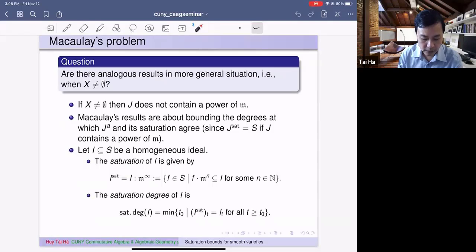And it's known that I^sat, the saturation of I, and I agree from high enough degrees onward, and the saturation degree is defined to be the minimal degree starting from where the saturation of I and I agree.